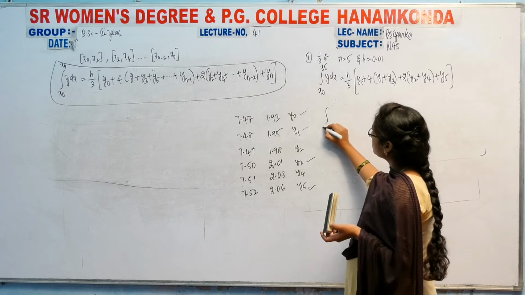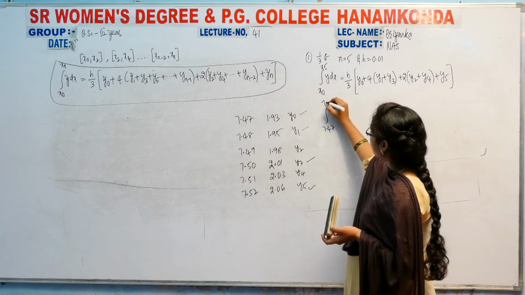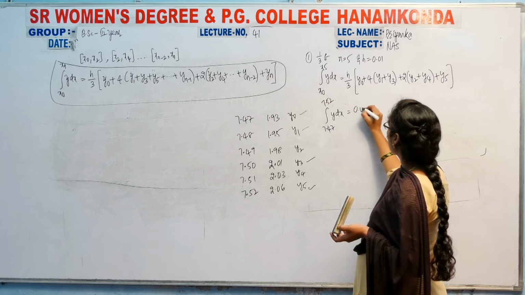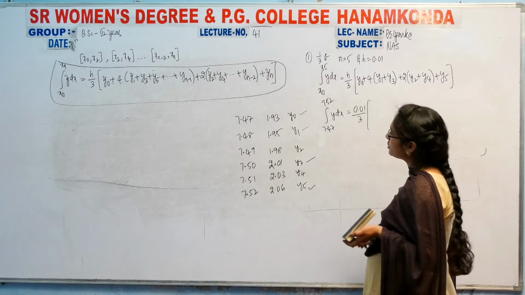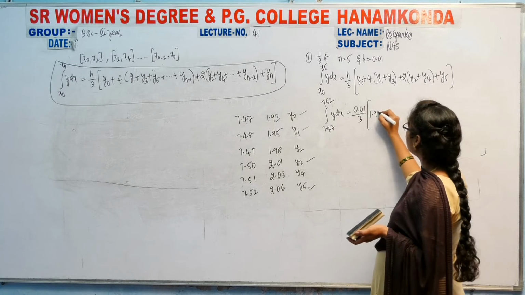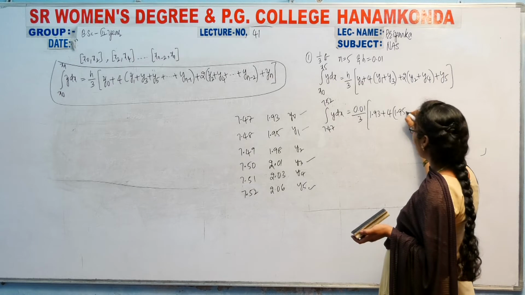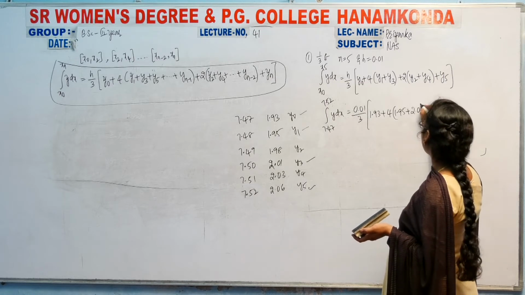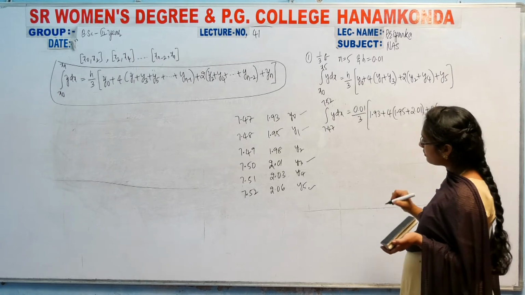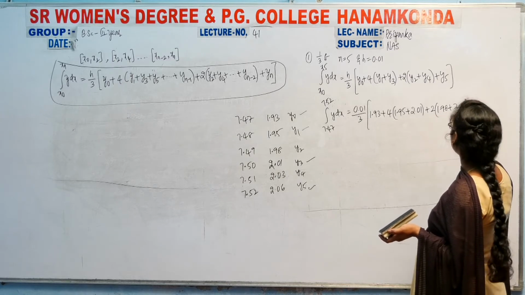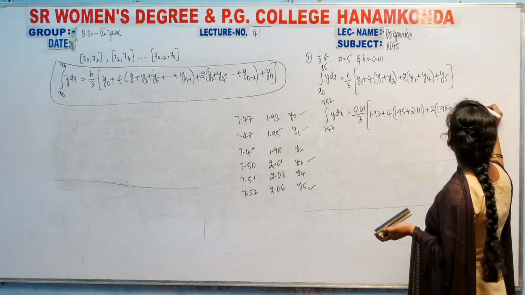So now just substitute the values here. Integral 7.47 to 7.52 y dx is equal to h, 0.01 by 3. What is y0? 1.93 plus 4 of y1 plus y3, 1.95 plus 2.01, plus 2 of y2 1.98 plus y4 2.03, plus y5 2.06.